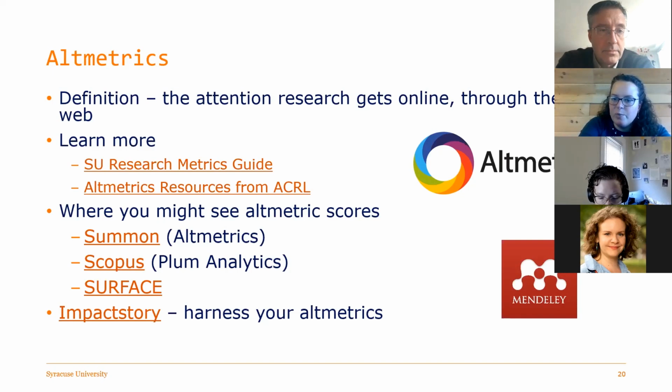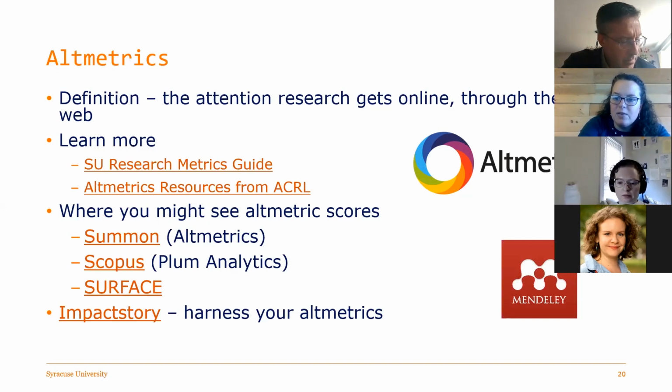And there is a new metric out there called altmetrics. Basically, altmetrics are the attention your research gets online through social media or the social web. Is it being mentioned on a news website? Is it being linked to in Wikipedia? Is it being mentioned on Twitter? Is it being mentioned on Facebook? Are people downloading your articles through Mendeley and reading them? So how much attention is your work getting?